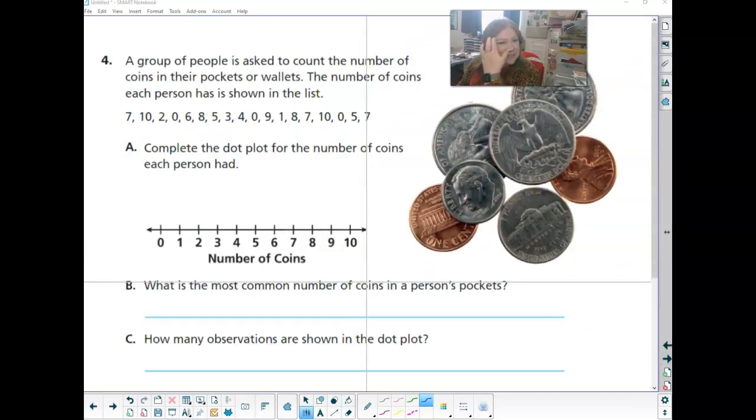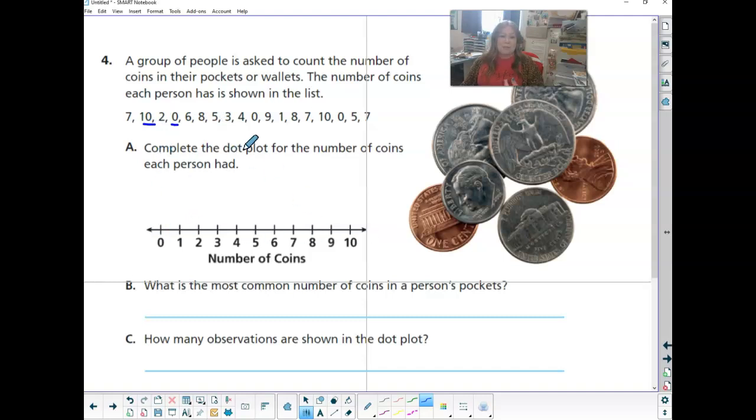So number 4 tells us that a group of people is asked to count the number of coins in their pockets or wallets. The number of coins each person has is shown. So each of these is a person that counted their coins. So every time we have a number, that's a person. The number is how many coins they have. So here it goes anywhere from 0 up to 10.